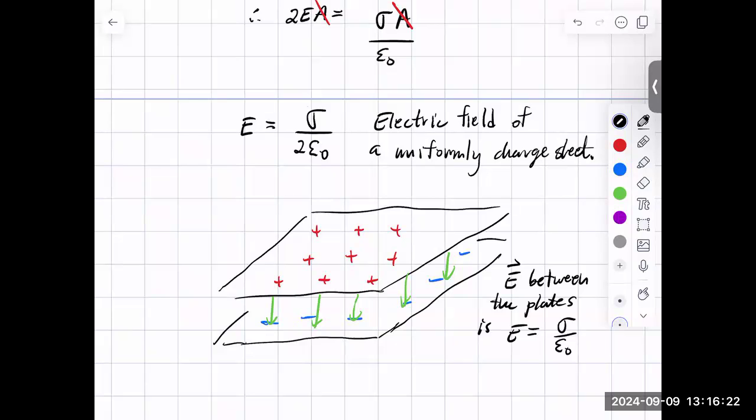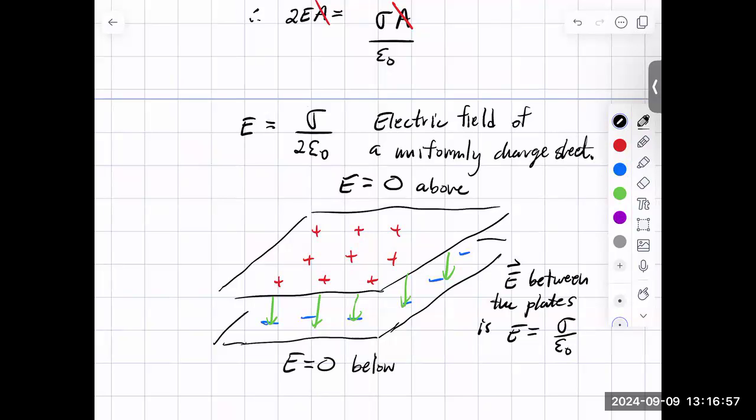Notice that this expression is a little bit surprising, but it doesn't depend on where you are in space. So this electric field is constant. The electric field due to the positive plate is the same here as it is here, and same for the negative plate. And so outside these plates, the electric field is 0 above, and the electric field is 0 below.